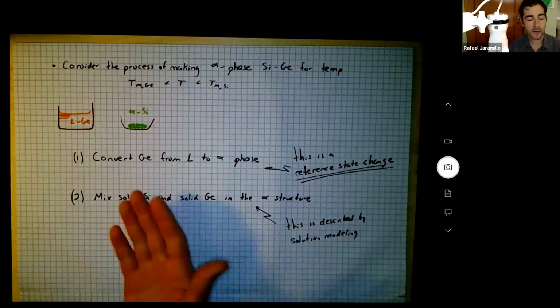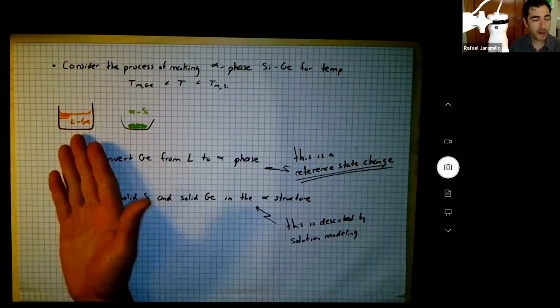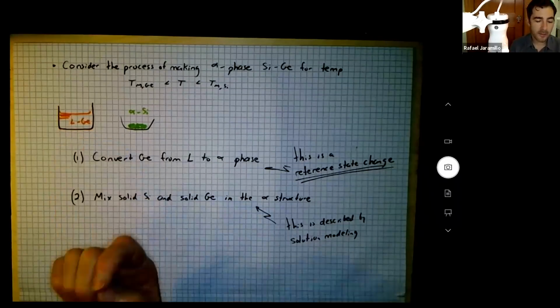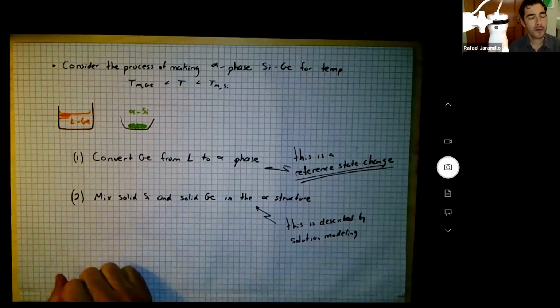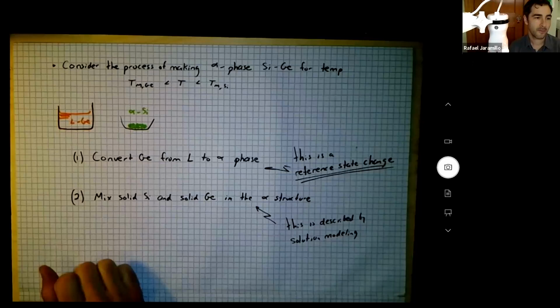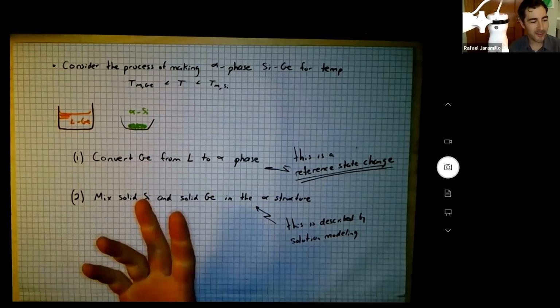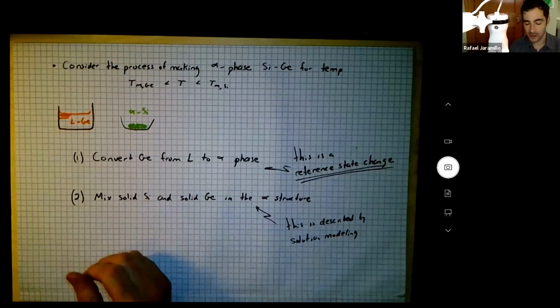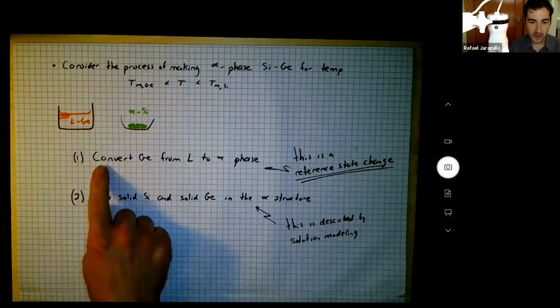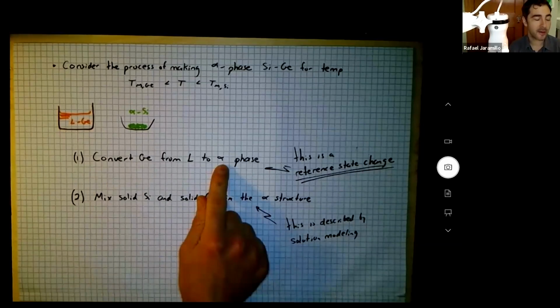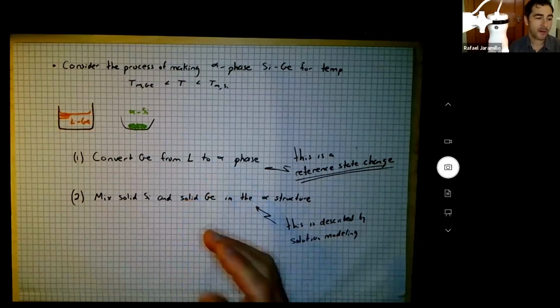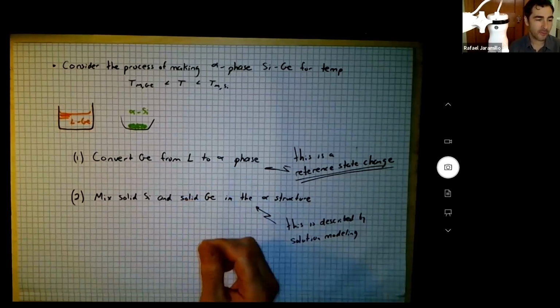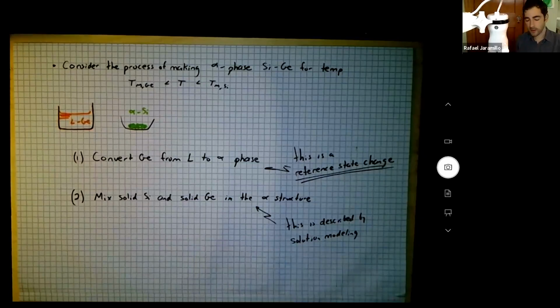At this temperature, the germanium is liquid, so nature is telling you, I am happiest as a liquid. My Gibbs free energy is lowest when I'm a liquid. That's the reference state, that's what equilibrium is in nature. So if you force it into a different state that you don't find at equilibrium, by definition, you're going up in Gibbs free energy, because at fixed temperature and pressure, equilibrium is a state of lowest Gibbs free energy.